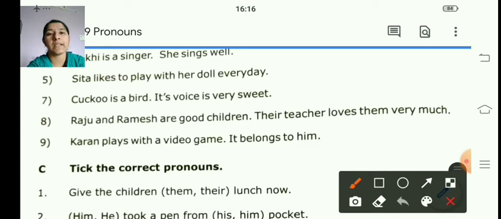Sita is a name. Her is a pronoun. Right? Okay, children. So now you will do the remaining 3 sentences by yourself. Just underline the nouns and circle the pronouns in these 3 sentences.